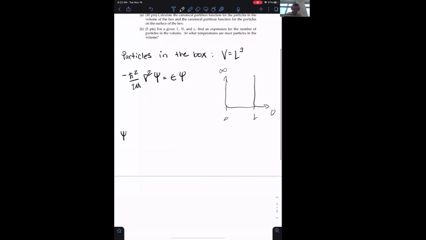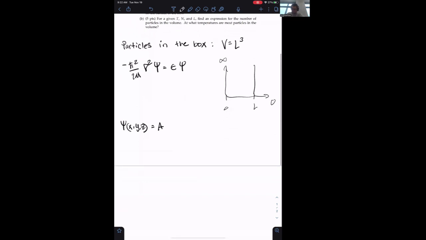So the solution is just three of those multiplied together, one for each X, Y, and Z.